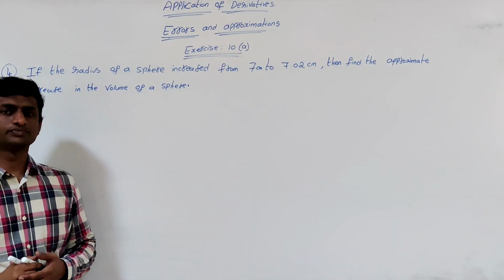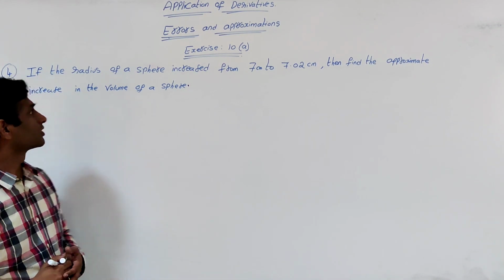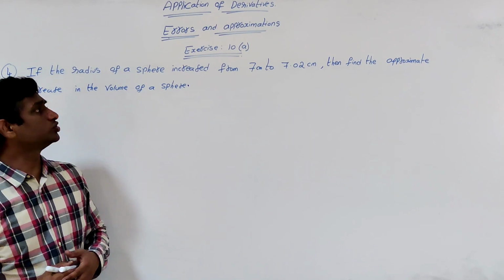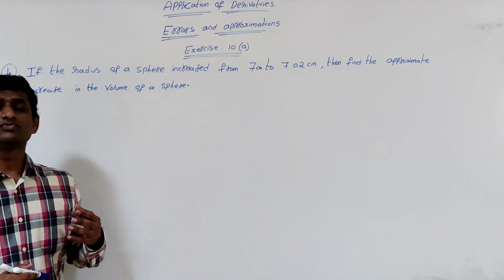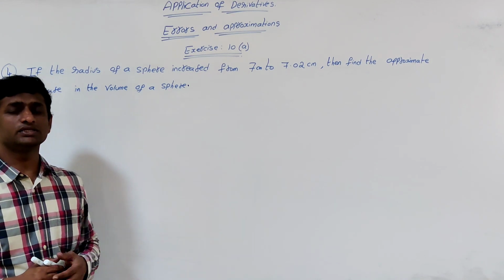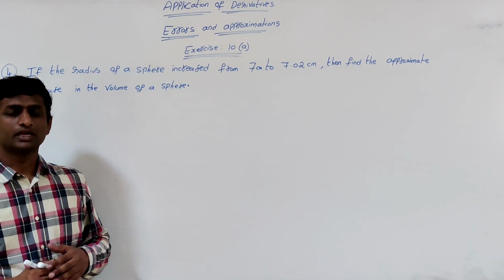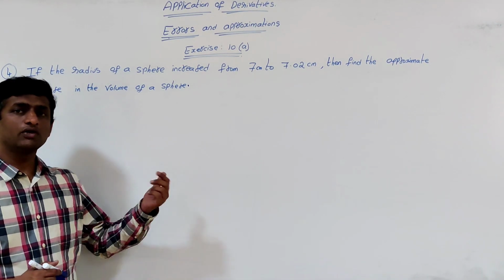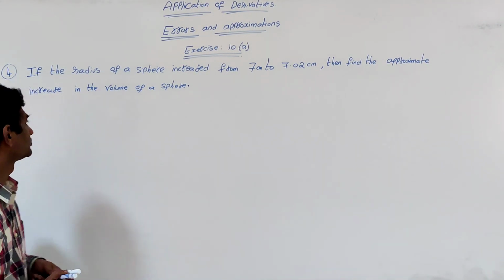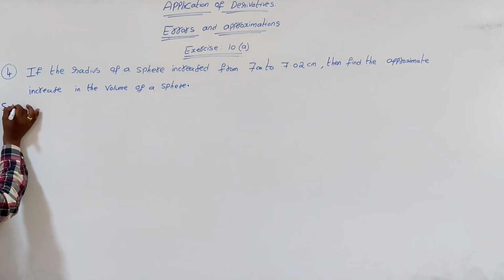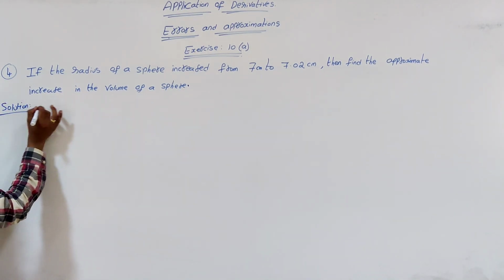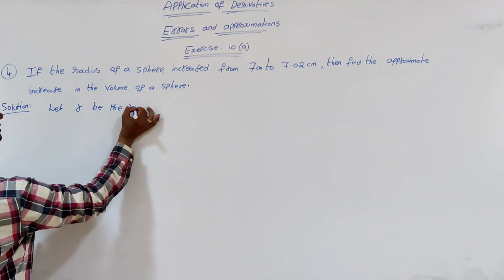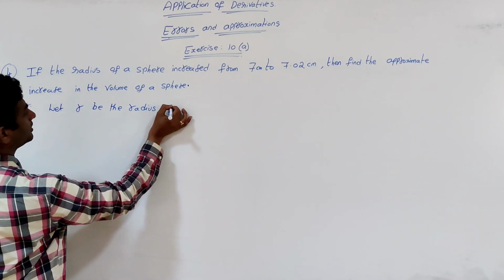The next problem is again on the sphere. If the radius of the sphere increased from 7 centimeters by 0.02 centimeters, then find the approximate change in the volume of the sphere. In the last problem, we have seen the surface area of the sphere. Now we'll go for the volume of the sphere. Solution. Let R be the radius of the sphere.